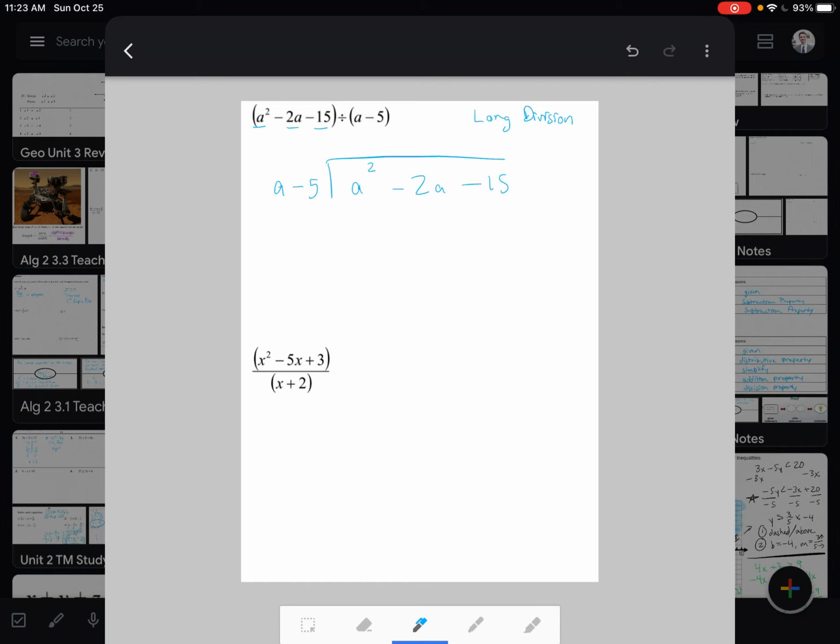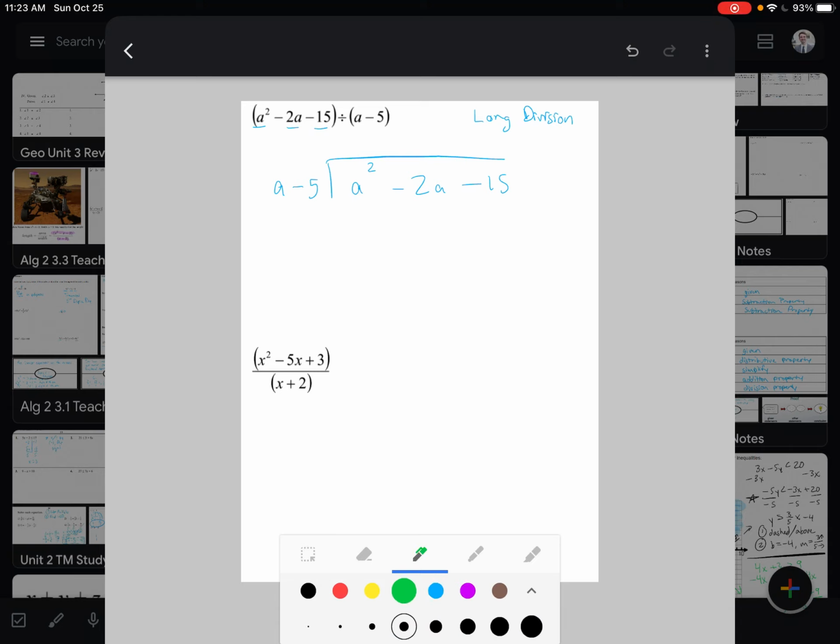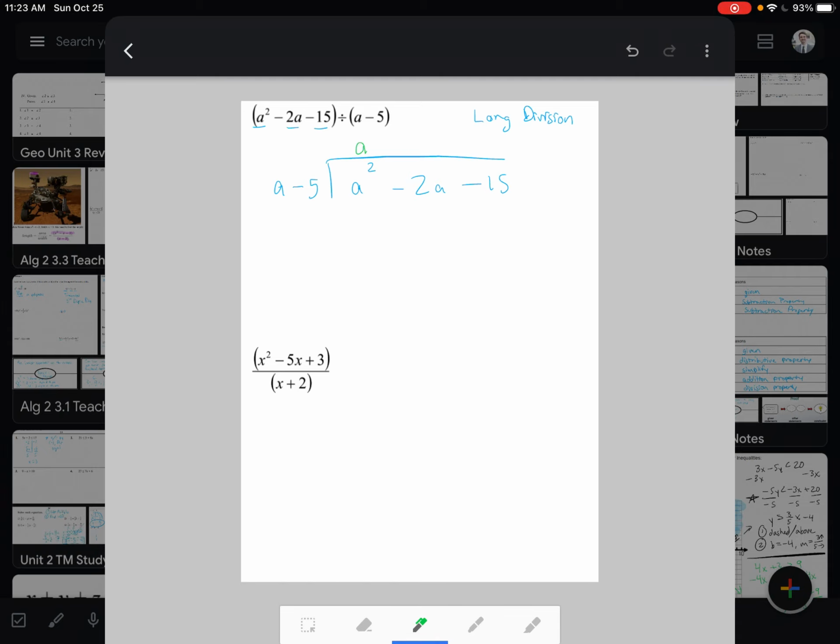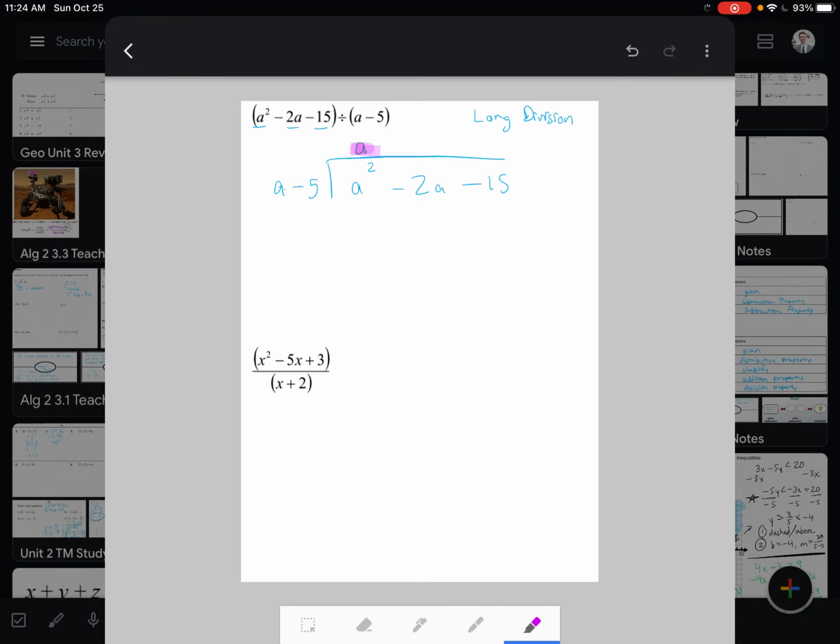All right, our first job is to make sure that our a squared cancels out. The way that we do that is we have to have our first term match that term. So if we do a times a, we'll get, and again, I'll show what we're doing here: we're multiplying this times this, and we get a squared minus 5a.